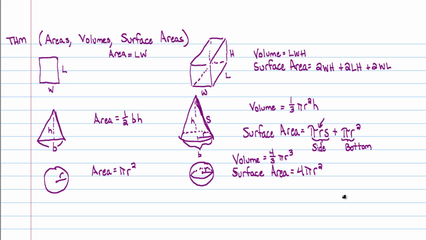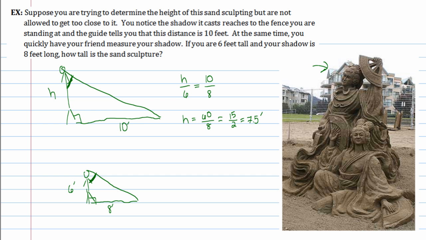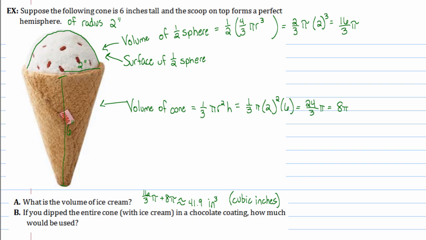So let me go ahead and write that in. So we have half a sphere, but times 4 pi r squared, which would reduce to 2 pi, and then r is 2 squared. So that's going to be 8 pi. So that's how much chocolate I'm going to use on top.